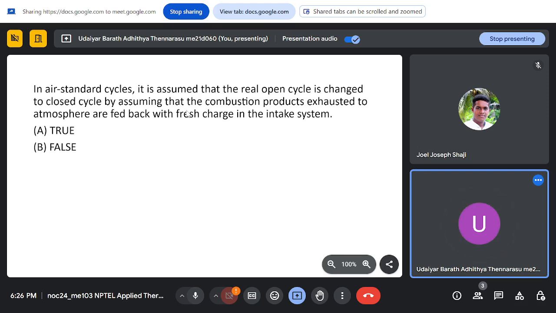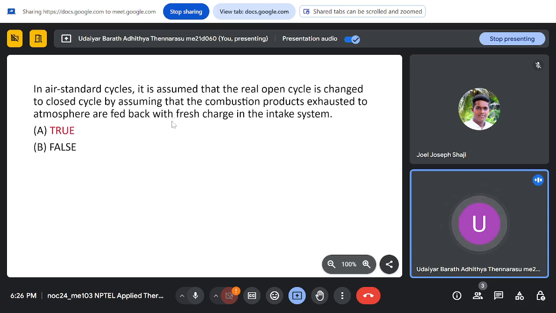Next is, in air standard cycles, it is assumed that the real open cycle is changed to closed cycle by assuming that the combustion products exhausted to atmosphere are fed back with fresh charge in the intake system. So answer is true.